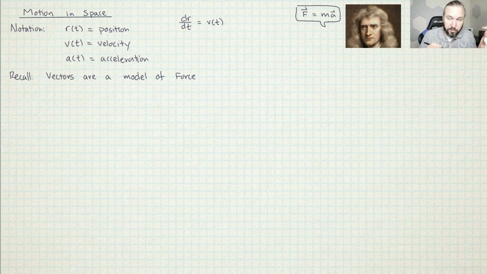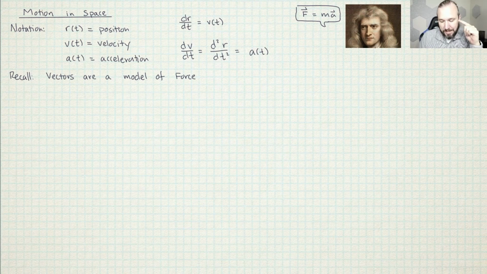And then you also learned that the derivative of velocity is acceleration. So dv/dt, which is the second derivative of the position, should be the acceleration.